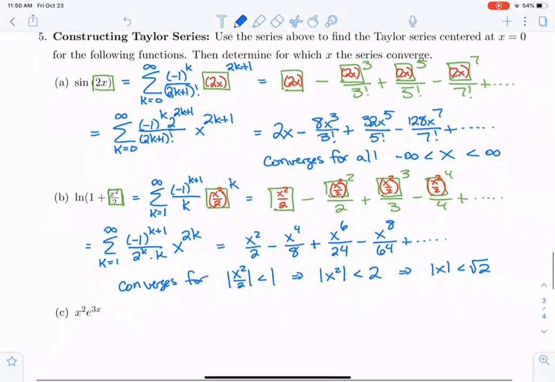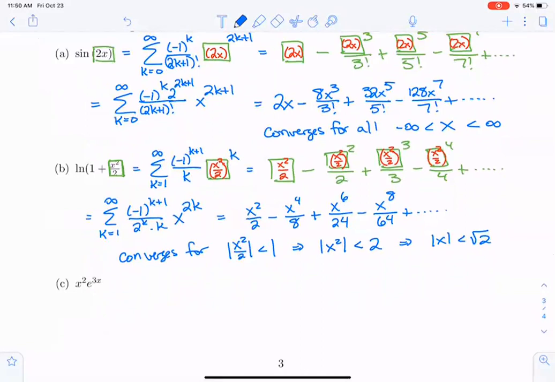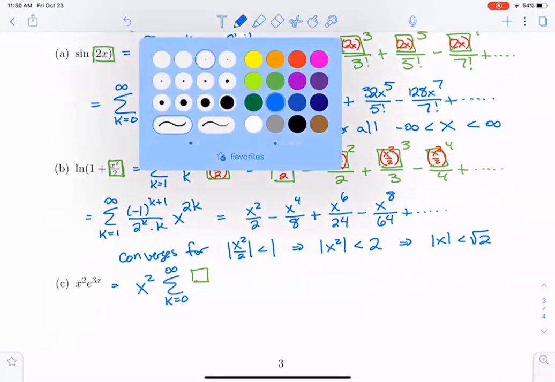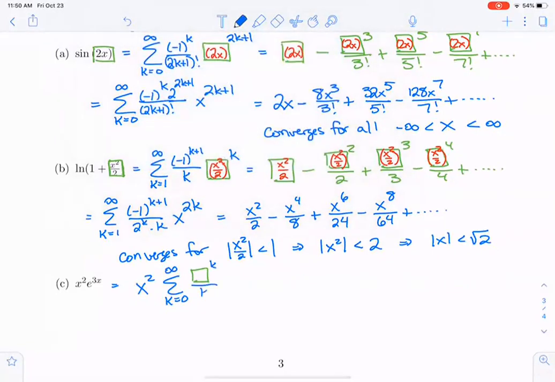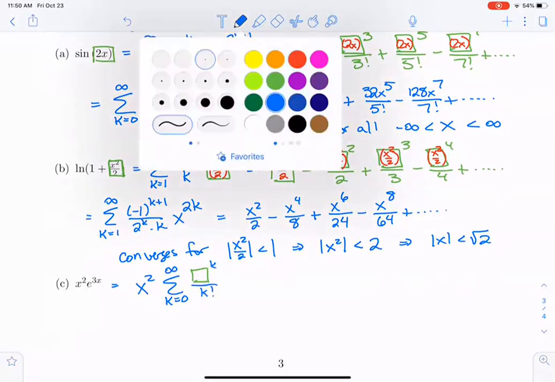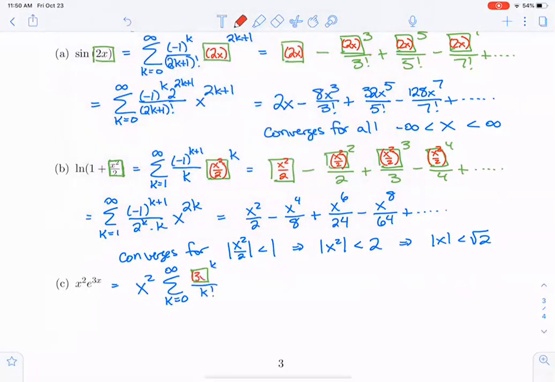I'm going to do one more real quick, so hang in there with me. This is x squared times e to the 3x. So this is going to be x squared times the sum from k equals 0 to infinity. The series for e to the 3x is, I'll put it in green one more time, box to the k power over k factorial. And so what we're going to do is put the 3x in that box.